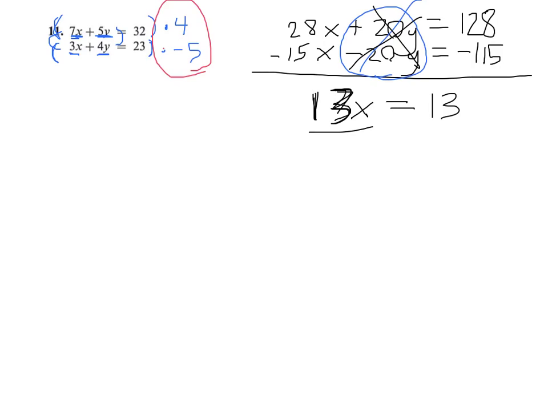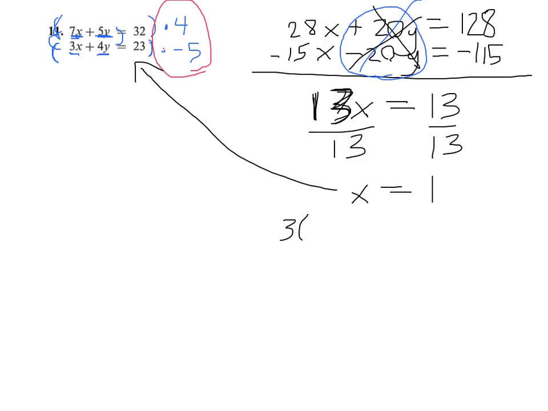All right, so we divide both sides by 13, and we get x equals 1. Now again, we take this, because that's only half of our answer, and plug it back in. Okay, let's plug in the first one. Doesn't matter. All right, so we get 3 times 1 plus 4y equals 23.